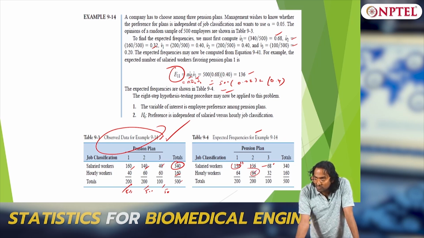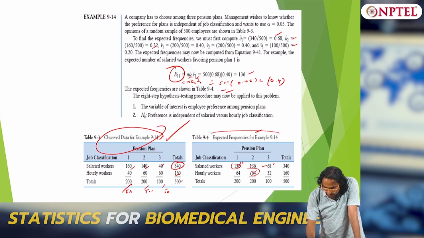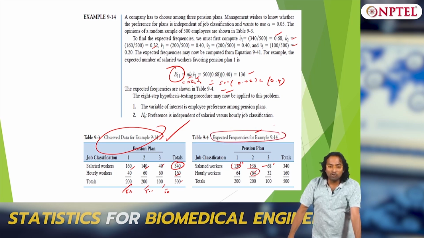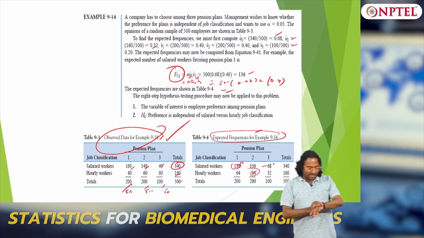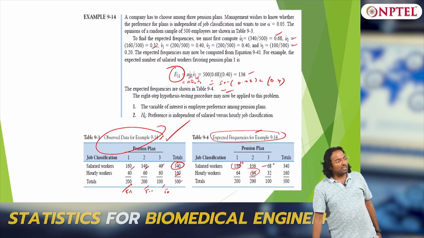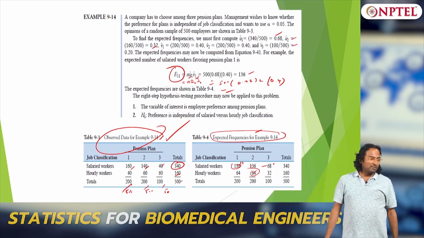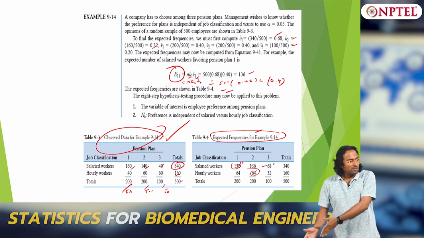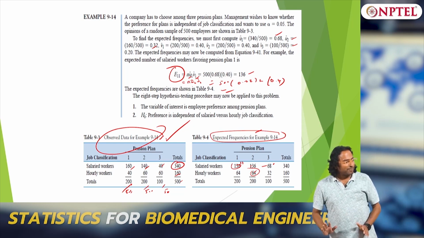Okay. So you can compute the expected frequencies. This is the table you have to compute, assuming the table is constructed under the assumption that rows and columns are independent. Now this is the observation, and this is my expectation if they are independent.